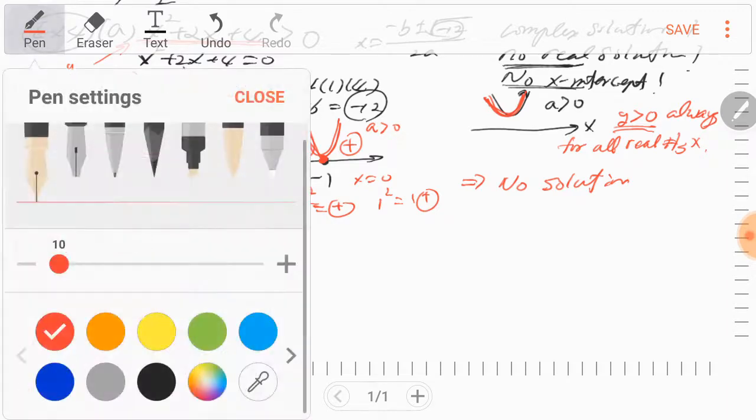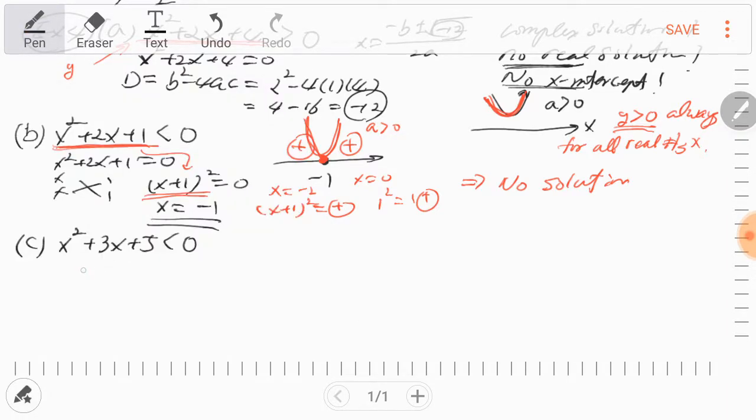Okay, how about the next one? In this case, let's set the trinomial equal to 0. We can't factor this one easily, so let's find the discriminant. B squared minus 4ac: the discriminant is 3 squared minus 4ac, which is 9 minus 20.